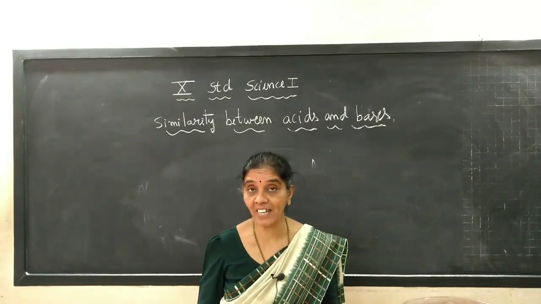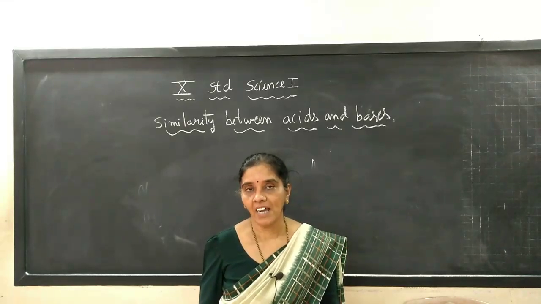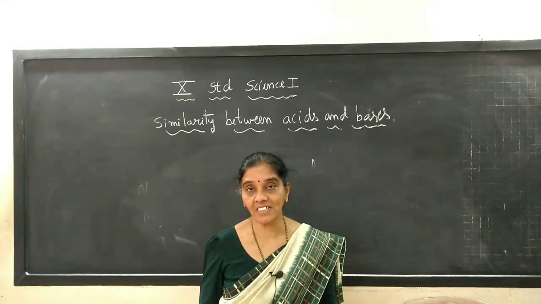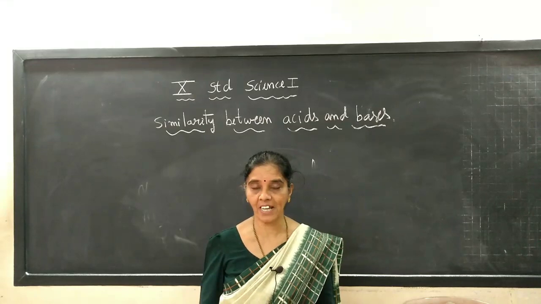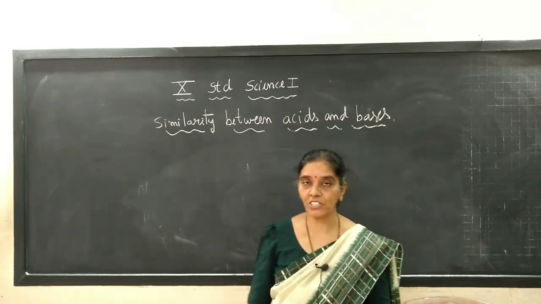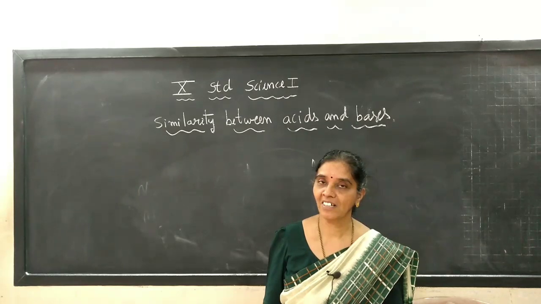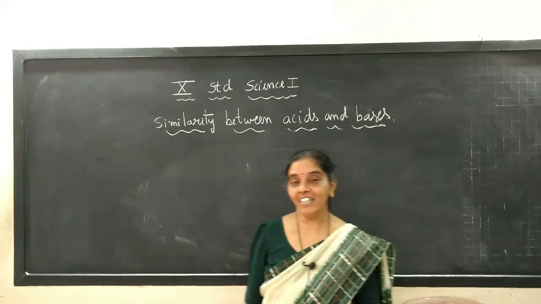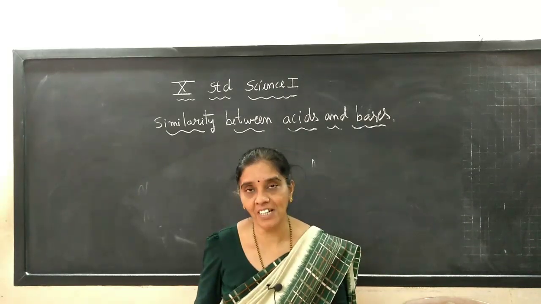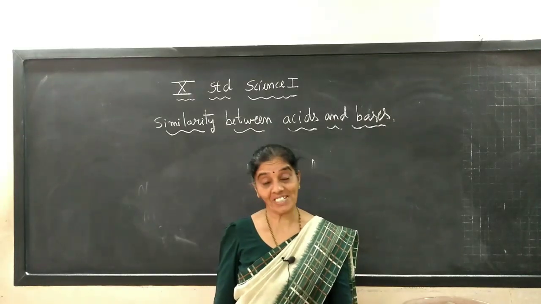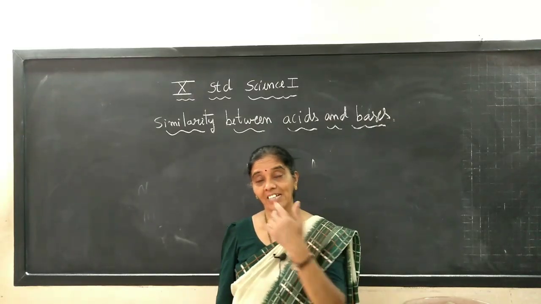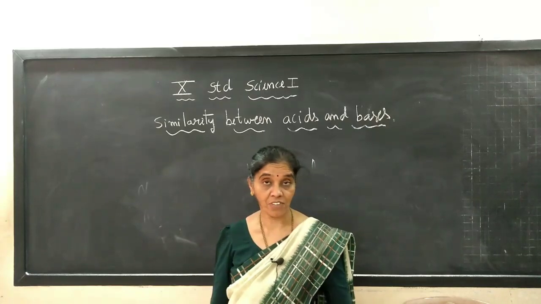Litmus paper is dry and hydrogen chloride, HCl, is in the gaseous form, not in the solution form dissolved in water. What is the answer? Yes. Here, in dry HCl there is no presence of water, and in dry litmus there is no presence of water.